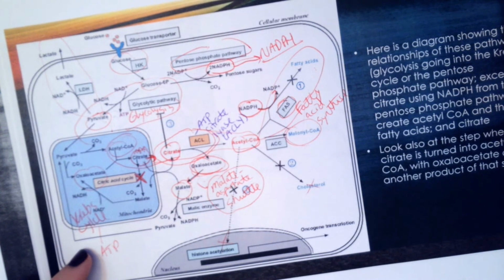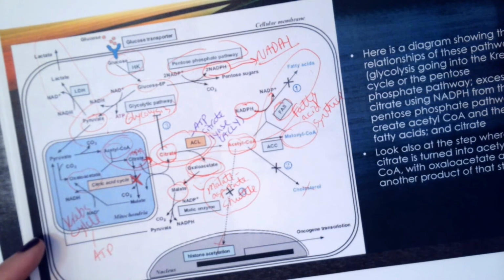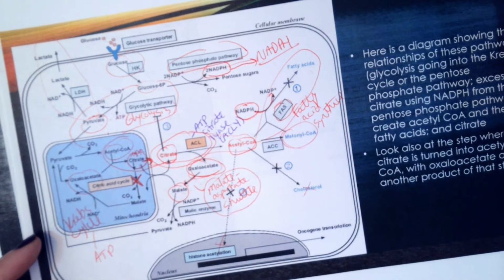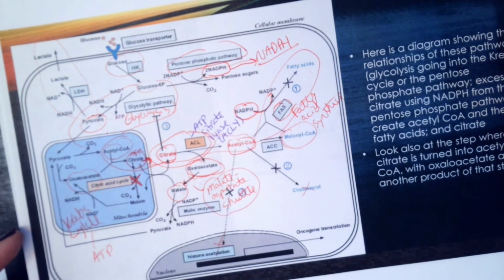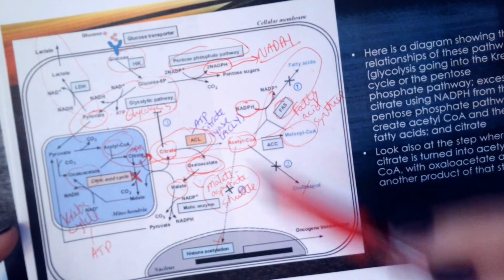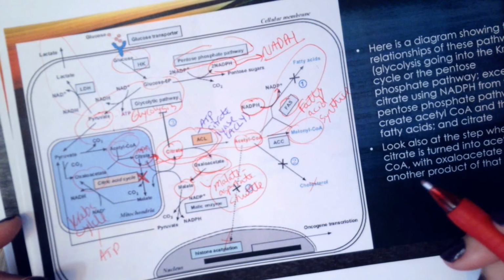That's one of the big take-home messages of this semester, that all of these chemical reactions are causing products that influence other chemical reactions, and they all are going to affect what all the other chemical reactions are doing. So all of the chemical reactions are affecting each other.